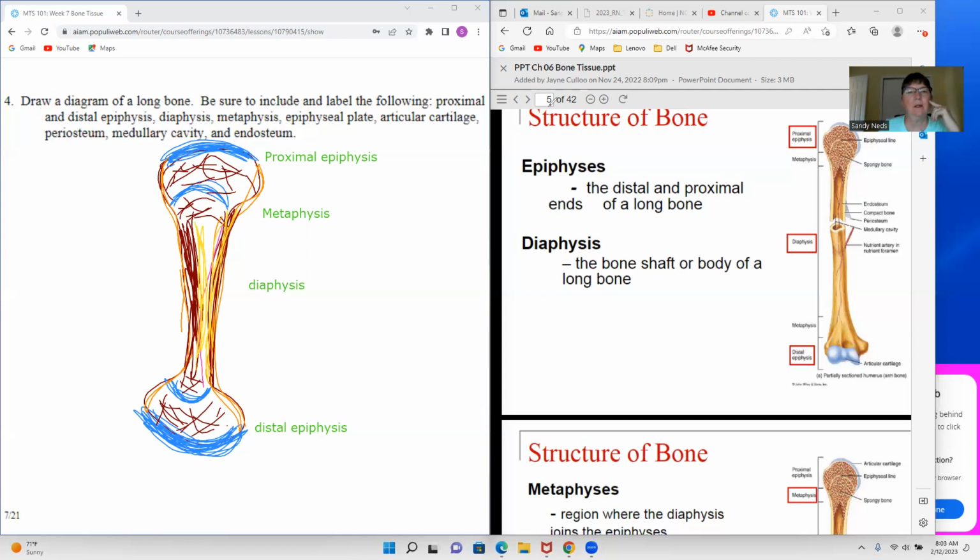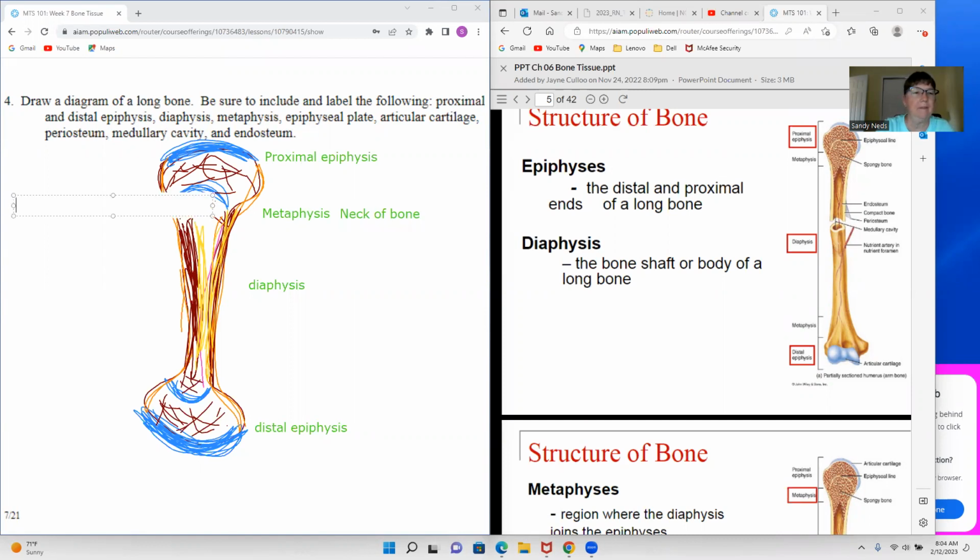All right, so let's go back to labeling. So we got the metaphysis, which is the neck. So let me put that in parentheses, the neck. And the epiphyseal plate, that's that blue line.